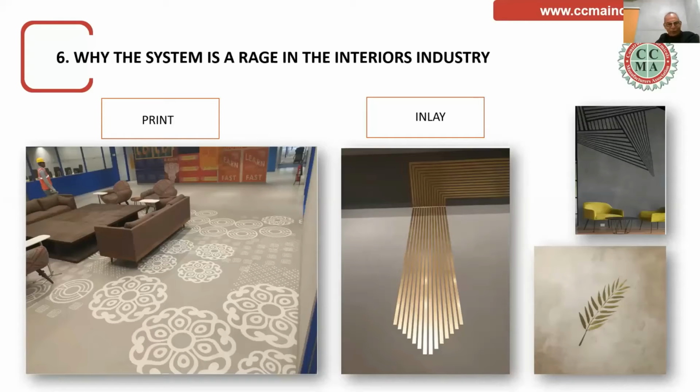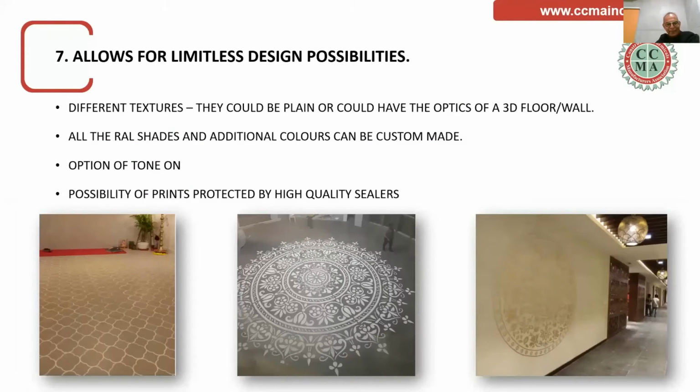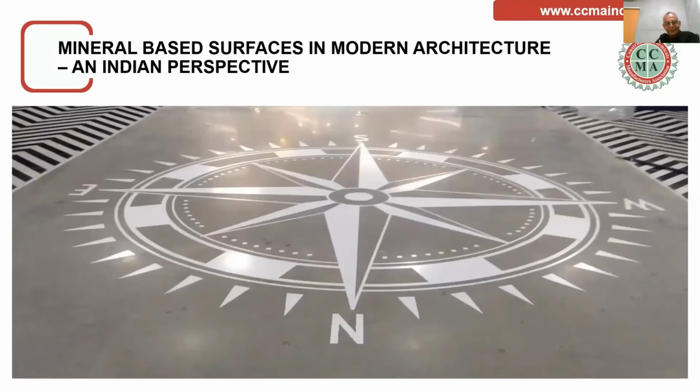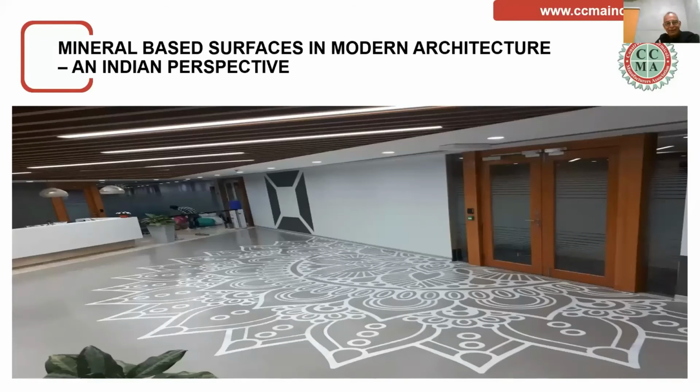I'd like to show you some more examples. The one slide you see here in the middle is a 40 feet dia print. Show you some more. On the right-hand side, the slide that you see is a distress print. A mandala print.